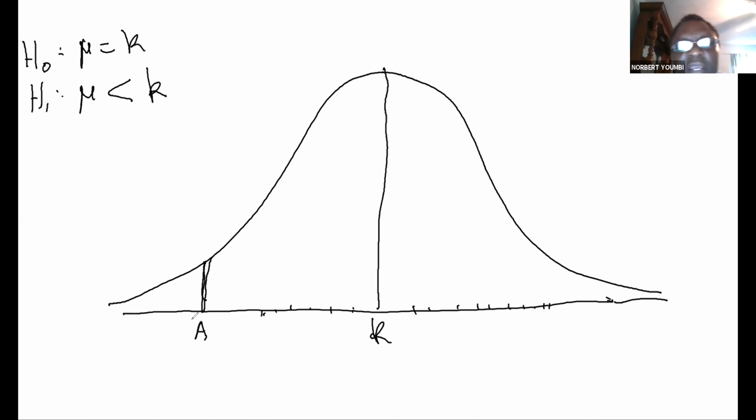And this value A, which we are going to find its standard value, will be the limit from which we are no more going to feel like it is consistent because it is too much way to the left. So this area is generally called the rejection region.